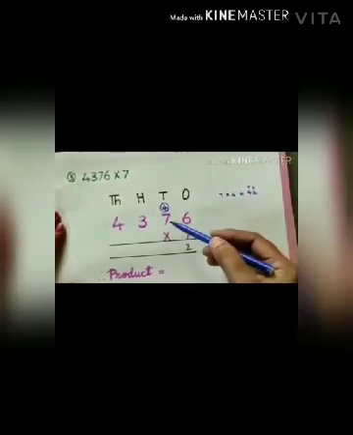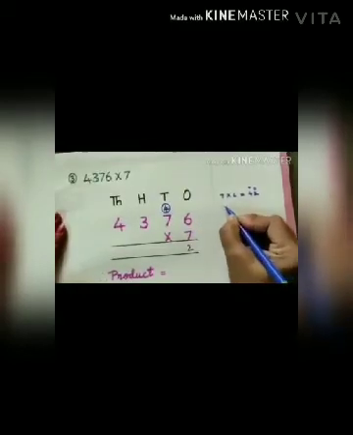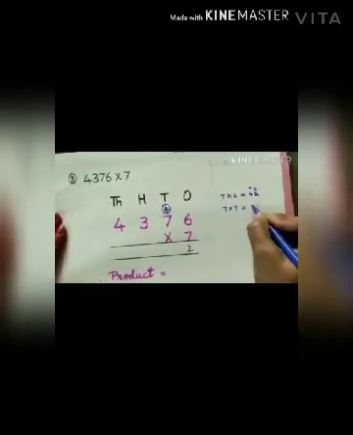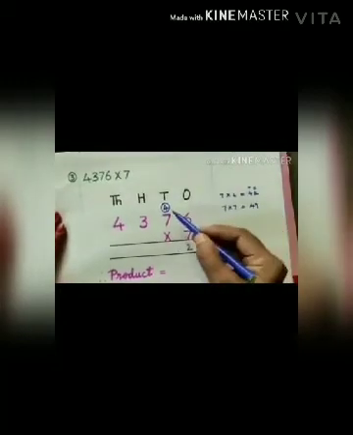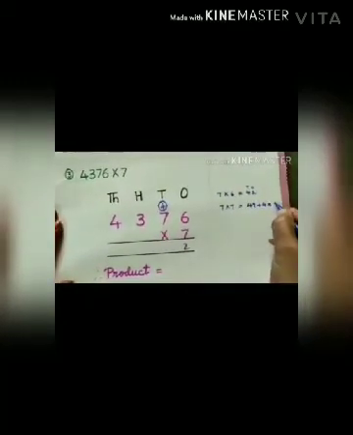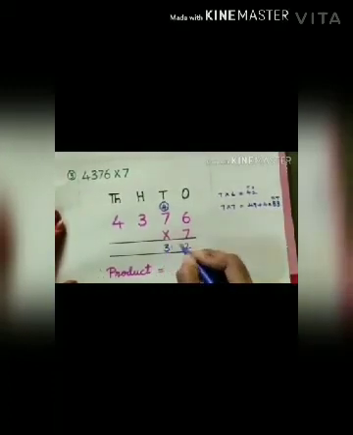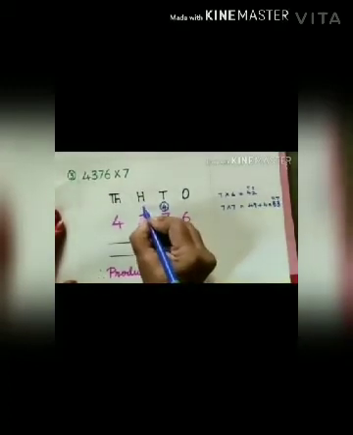Now multiply the digit in tens column. 7 into 7, 7 sevens are 49, plus carried over 4. 49 plus 4 is equal to 53. Above the number write tens and hundreds. Write 3 in tens column, 5 carry in hundreds column.